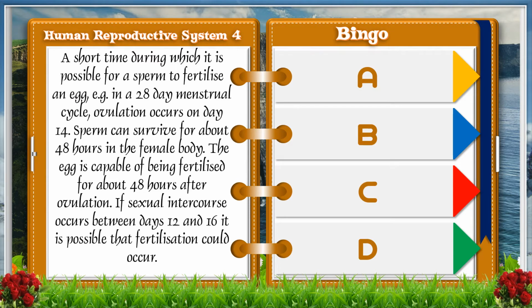The egg is capable of being fertilized for about 48 hours after ovulation. If sexual intercourse occurs between day 12 and 16, it is possible that fertilization could occur.